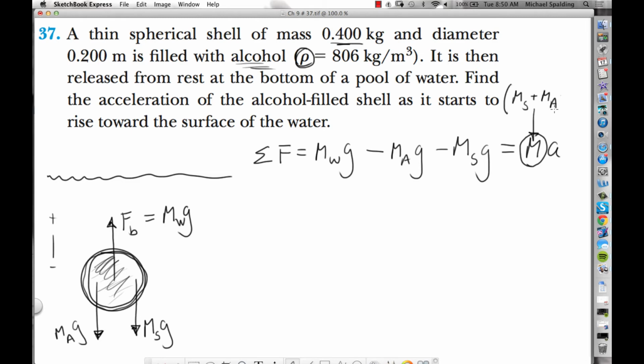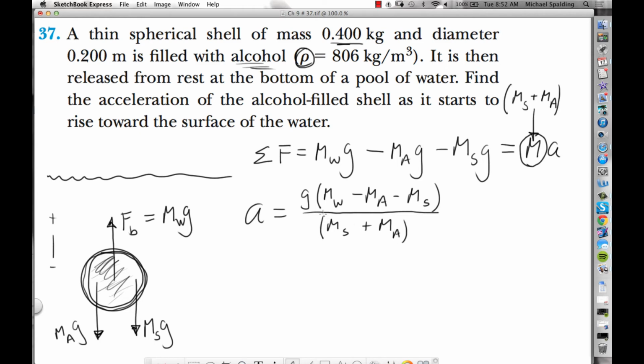Okay, fluids are tedious. You got to do a lot of solving for stuff. So let's clean this up a little bit. For starters, we can factor out the g. Let's just do the algebra here. So acceleration equals g times mass of water minus mass of alcohol minus mass of the shell, divided by m, which is going to be mass of shell plus mass of alcohol.